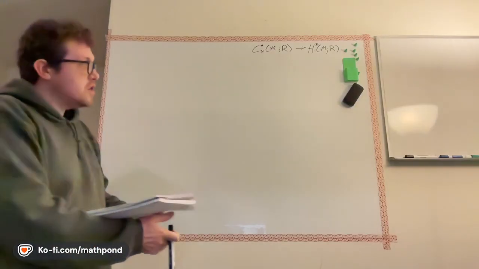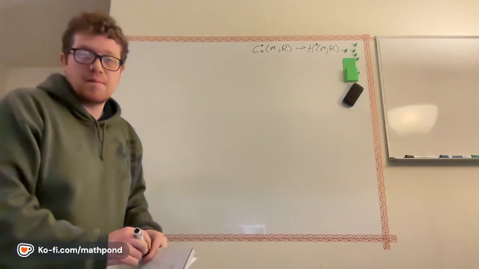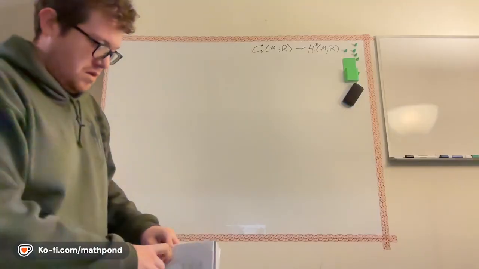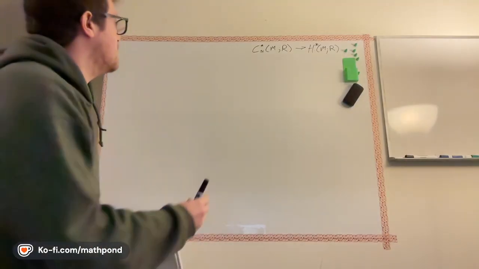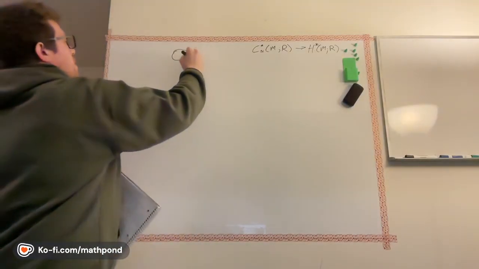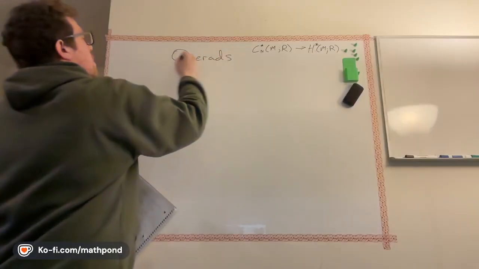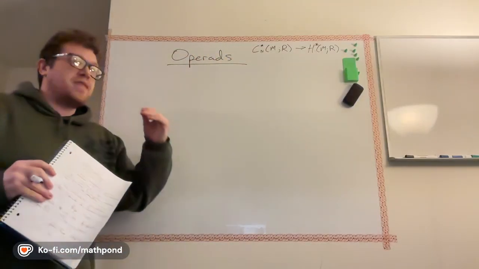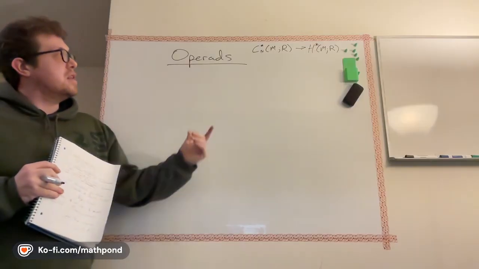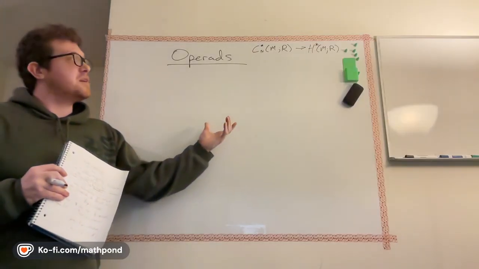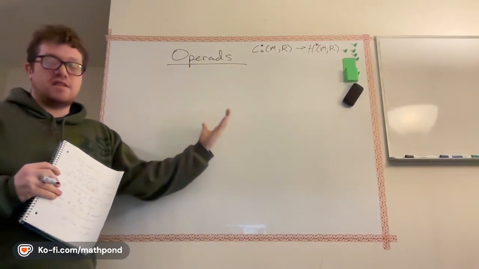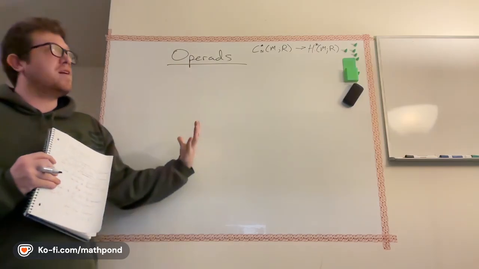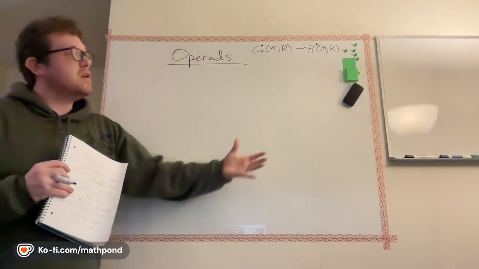So let's just look at a couple examples of operads. Simplest case. And so, without writing the formal definition, you want to just think of an operad as a symbol that's representing some way of multiplying something.